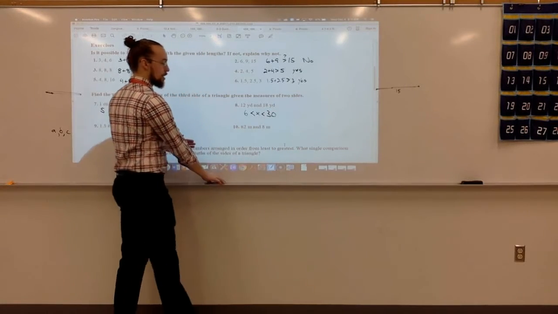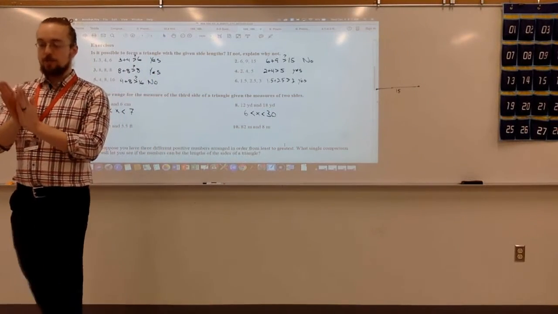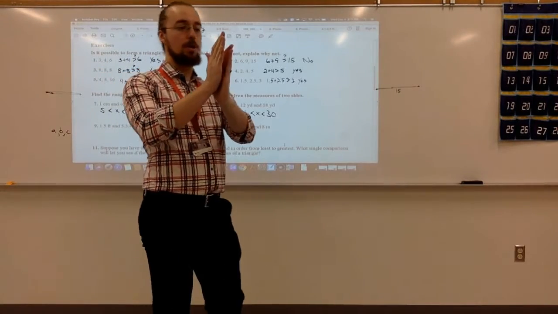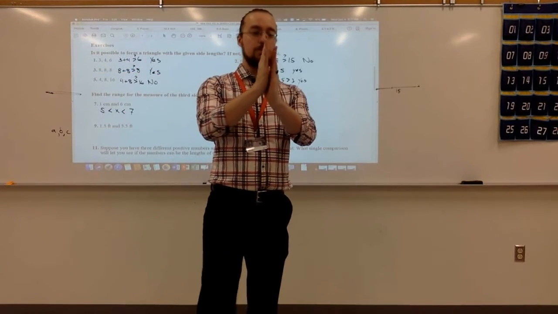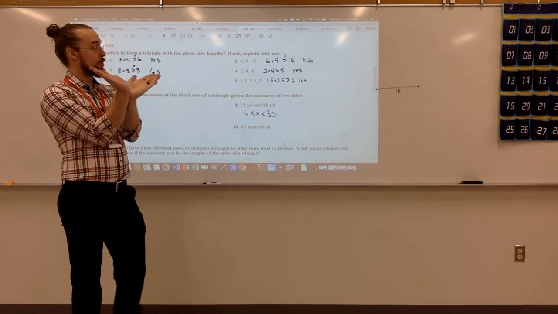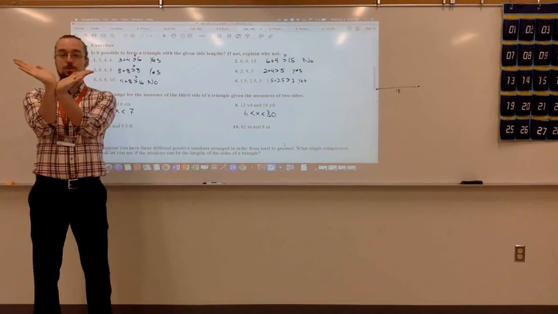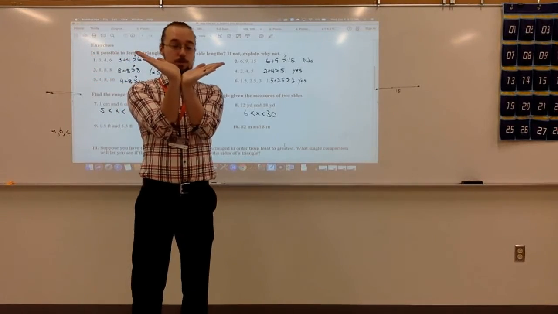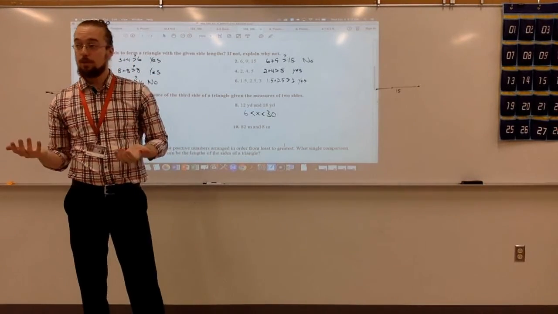So what we're saying is we take sides of 18 and 12 and I make the angle in between them really small. The distance between my fingers there, the smallest it could be is 6. But then if I make that angle really, really big, almost to a straight line, the largest that third side could be would be 30.